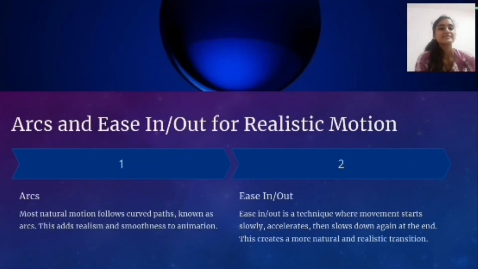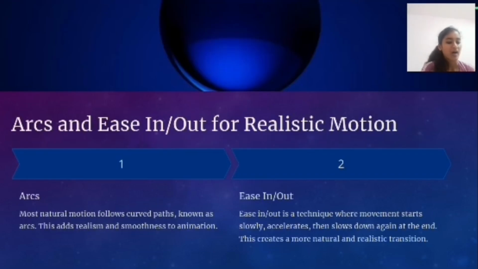The next parameters are arcs and ease in or out for realistic motion. Arcs: most natural motion follows a curved path, known as arcs. This adds realism and smoothness to the animation. Almost all objects move in a curved path, and there are rare objects that move in a straight line.